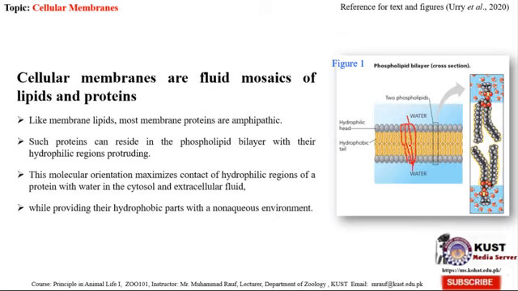Now the proteins. Of course the phospholipids are the main fabric, and then proteins are embedded in this main fabric at various locations, but the proteins are not randomly distributed in the membrane.